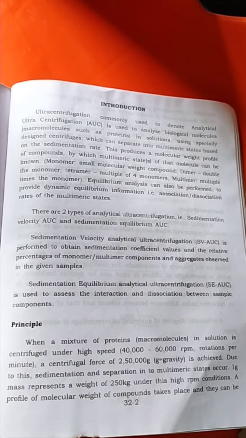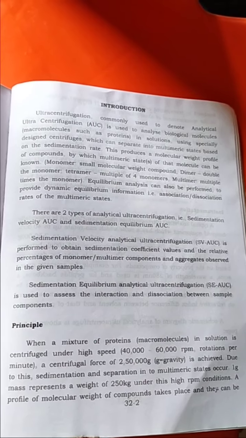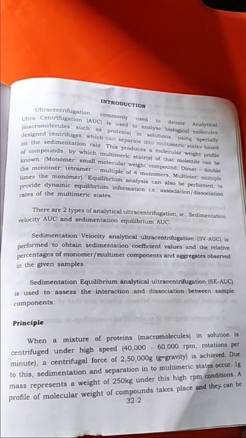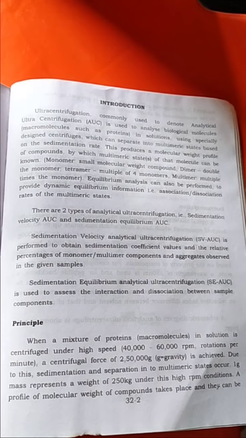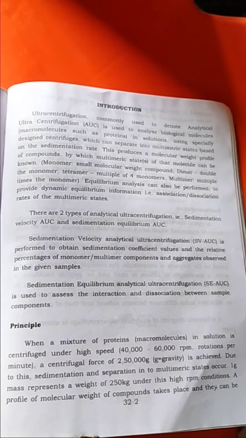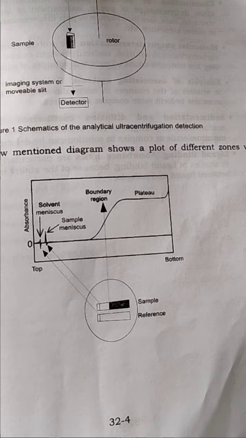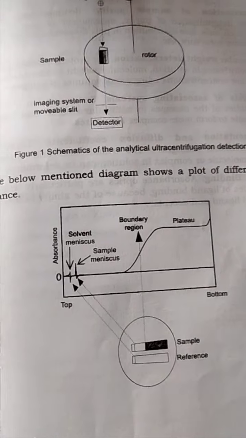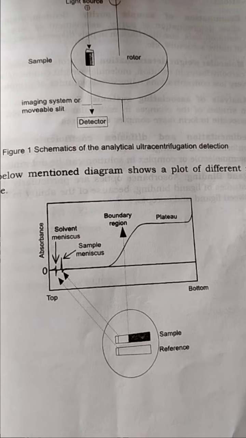The mass of a molecule represents its weight under high rpm conditions, and a profile of molecular weight compounds is obtained. We can analyze the transparent cell online, which is in the rotor, based on the measurement of absorption or refraction.